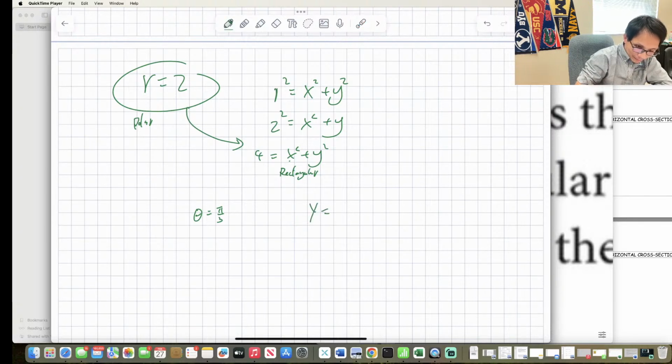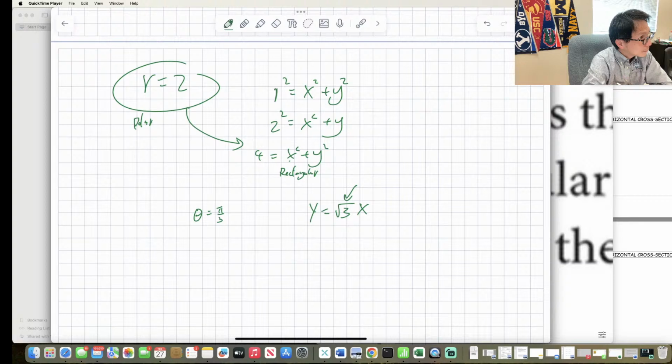What would it be? Square root 3. You just know that it's pi over 3, so it has to be square root 3 over 1, because your y value has to be square root 3 and your x value has to be 1. So your slope is going to be square root 3 over 1. Does that make sense?